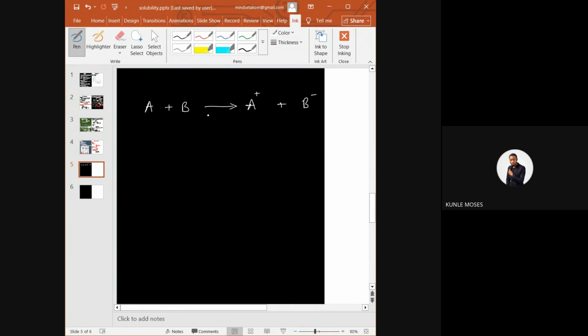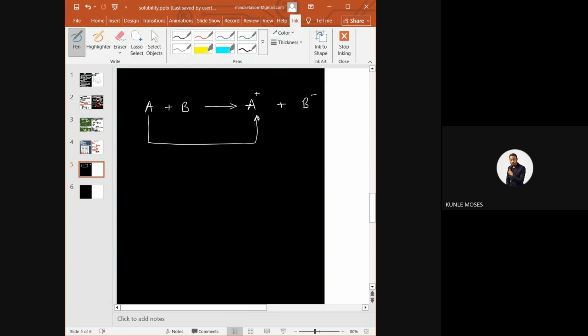And they ask us to tell which one is an oxidizing species, which one undergoes oxidation, which one undergoes reduction. You can see that this A from 0 has lost an electron. It lost one electron to become positive charge, isn't it? It simply means A here has lost electron.